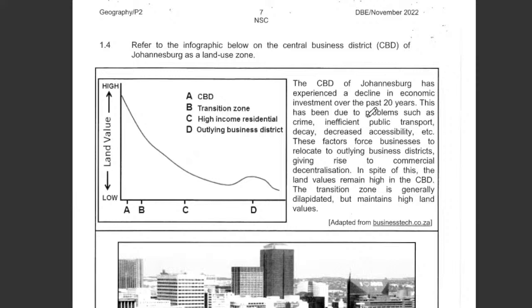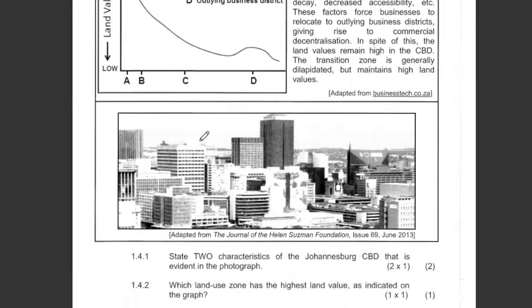In spite of this, the land value remains high in the CBD. The transition zone is generally dilapidated, but maintains high land value. These are the structures of the CBD of Johannesburg as indicated in the text in the infograph.